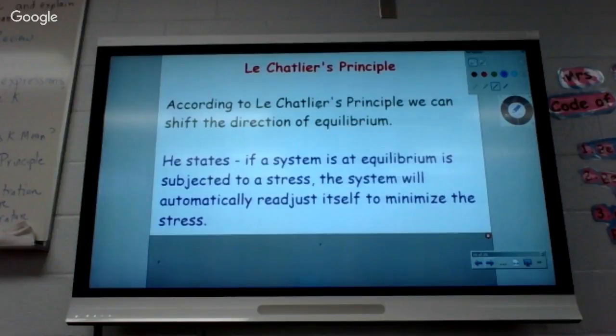So if it evaporates faster, what do we make more of? We cannot condense faster yet. We make more what? More vapor or more gas. If we make more vapor or more gas, we're going to condense faster. So if we make more vapor or more gas, what's going to happen to our amount of water at the bottom of the container? We're going to have more of it or less of it? Less of it.